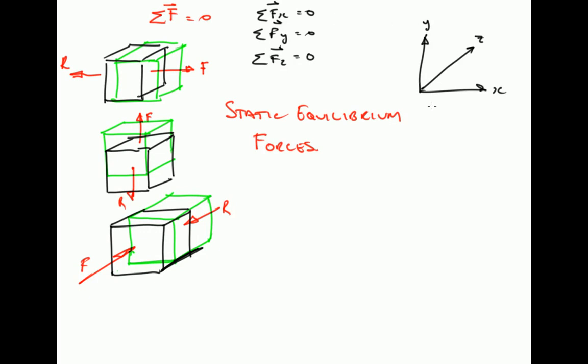We could split these down into the vector force equations in the x direction, y direction, and z direction to get orthogonal equations of static equilibrium, so that we had the sum of the forces in the x direction equal to 0, the sum of the forces in the y direction equal to 0, and the sum of the forces in the z direction equal to 0.